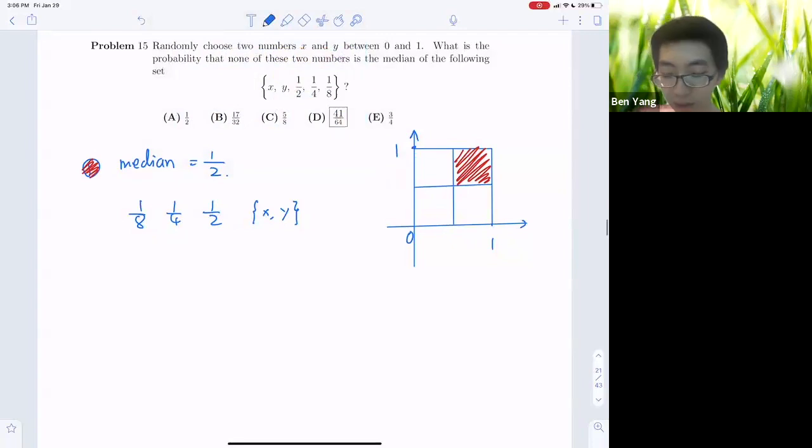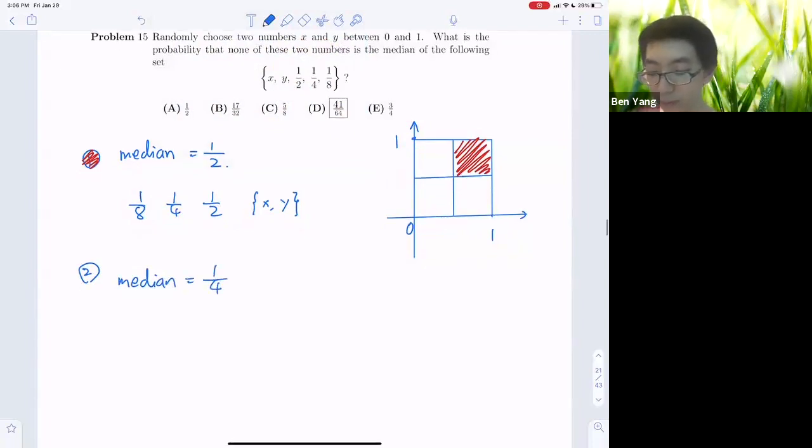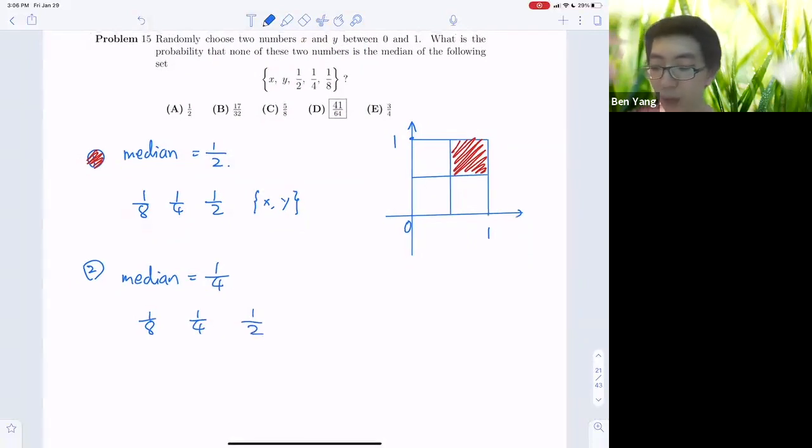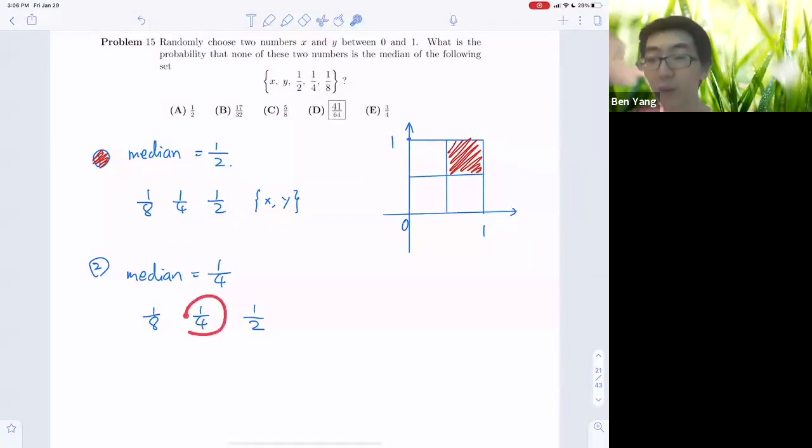Okay, second case, median is equal to 1/4. We know 1/8 is to the left of 1/4, and 1/2 is to the right of 1/4. So now, if we want this 1/4 to be the median of the set, then x and y should be on different sides of 1/4.